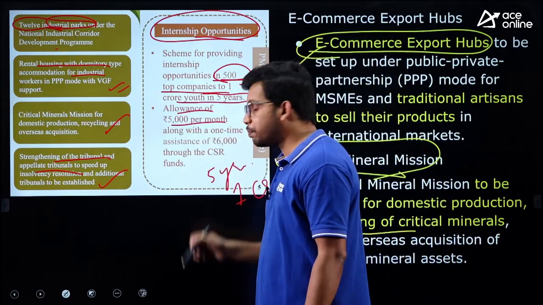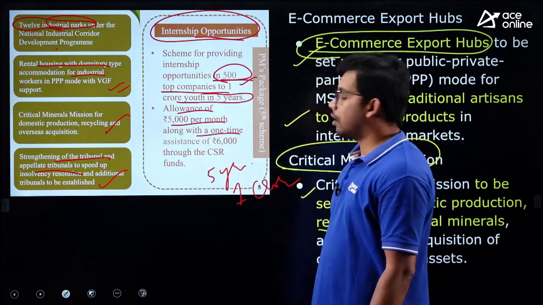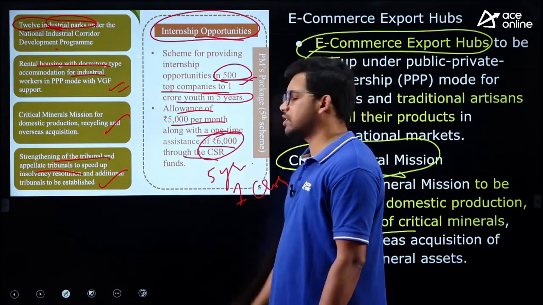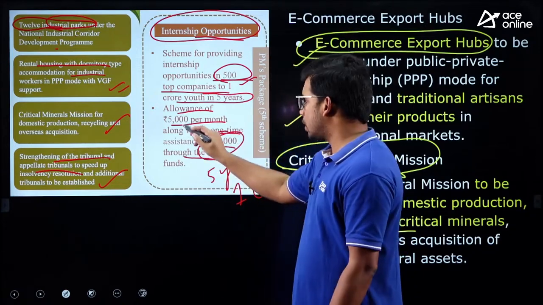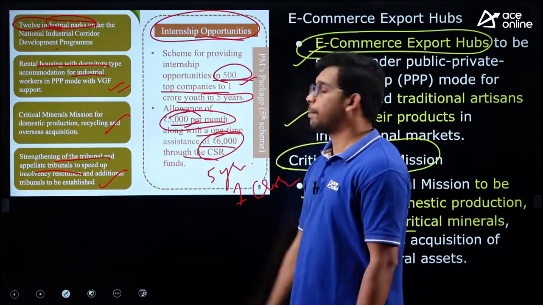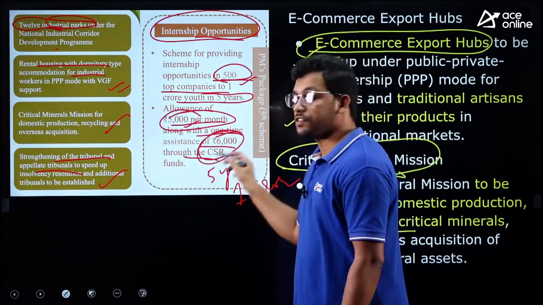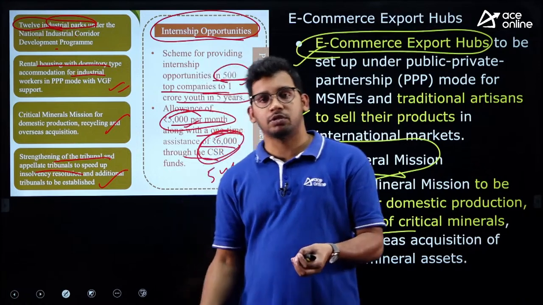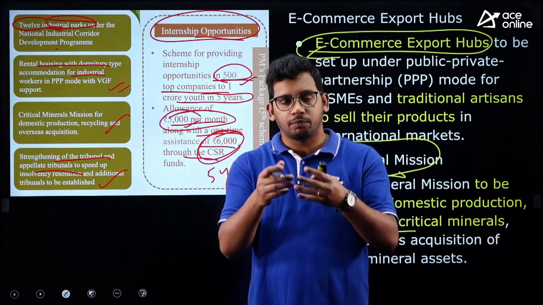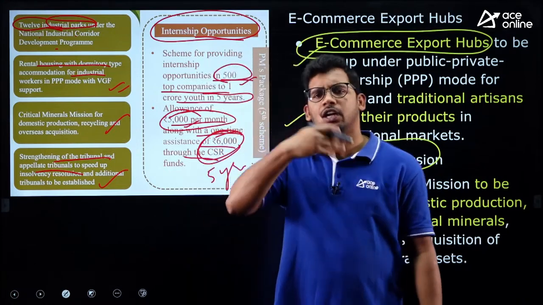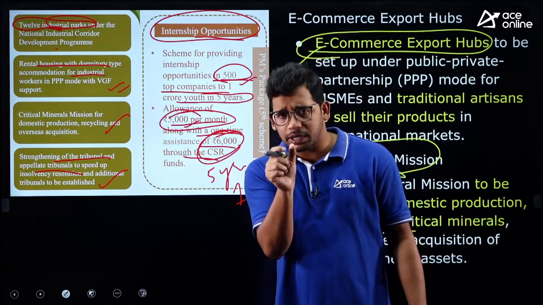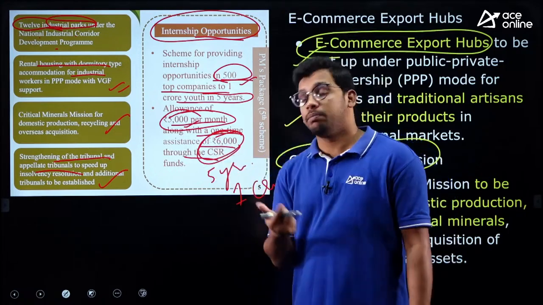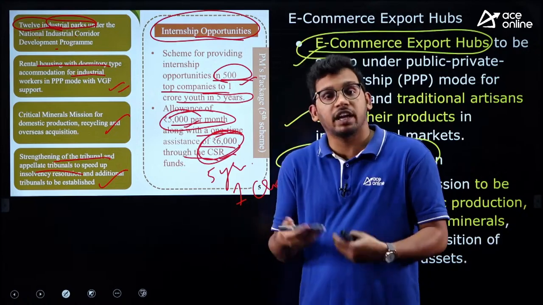An allowance of 5,000 per month will be given, along with 6,000 through funds like CSR. So they are going to give 5,000 rupees per month along with assistance of 6,000 rupees through CSR, that is corporate social responsibility. If any company is making a lot of profit, at least 2% of their profit has to be spent on corporate social responsibility, like education and all.